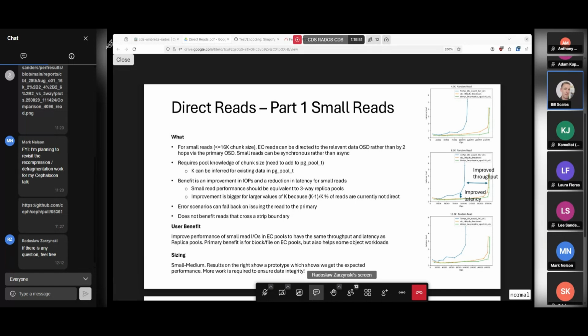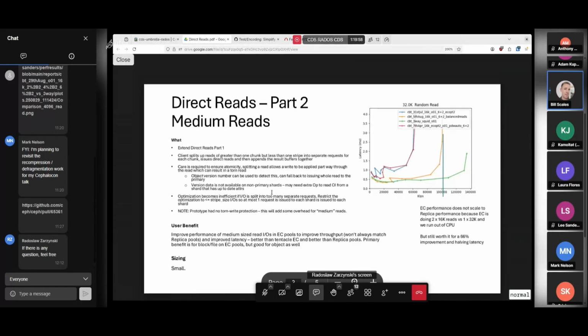If we go on to part 2, for slightly larger reads, we said, well, okay, we still want to do the direct read, but now the data's on more than one OSD, so let's split the client read and have the client issue shorter reads to the OSDs to get the data back directly. This gives a similar kind of performance improvement. We don't quite get to the performance of replica 3.